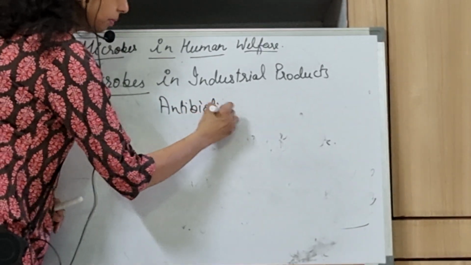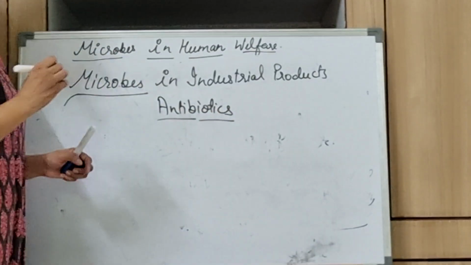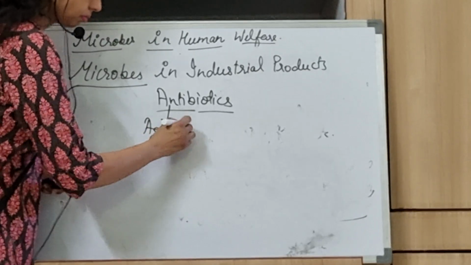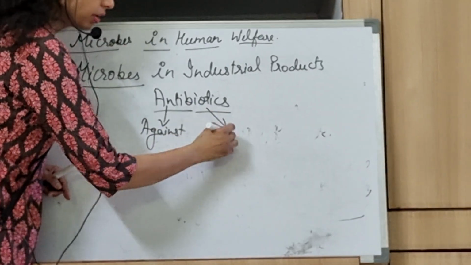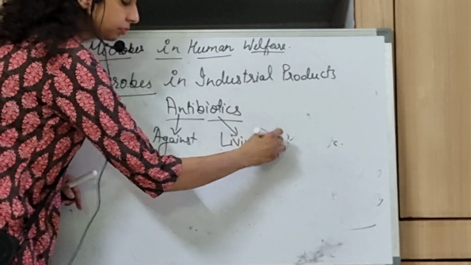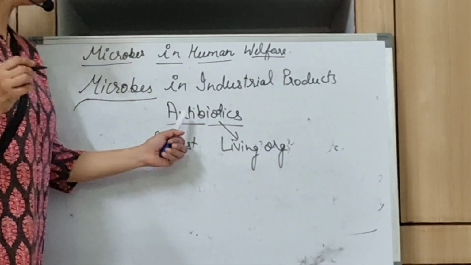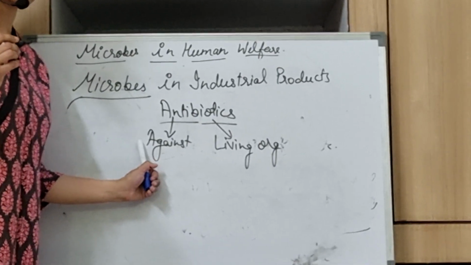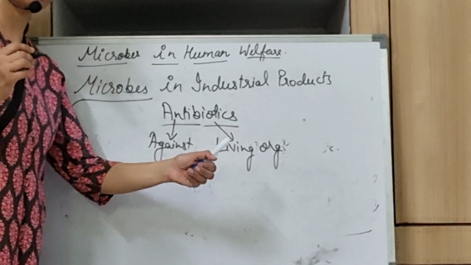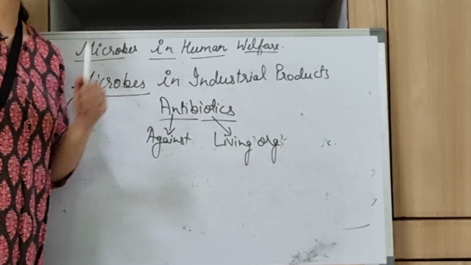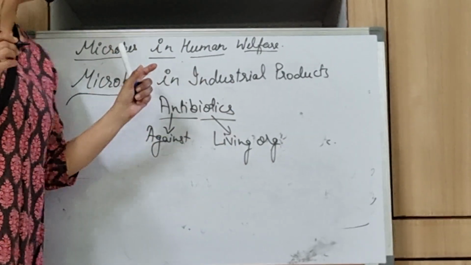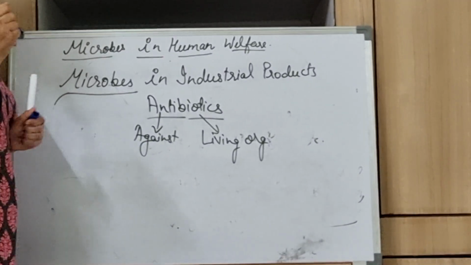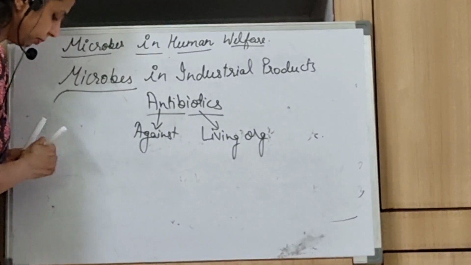The term antibiotic is made up of two parts. Anti means against and biotics means living organism. So when a particular microbe releases a chemical which is used to kill a pathogen, that chemical is known as an antibiotic.